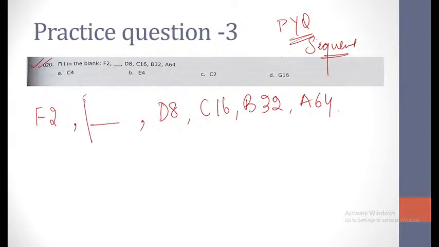You have to find out what would come in this particular place. Try to find the answer for this. Again, very, very logical. All you have to do is find the simple sequence that is being followed in the complete pattern given to you. Take your time, try to find the answer, and then we'll discuss it.